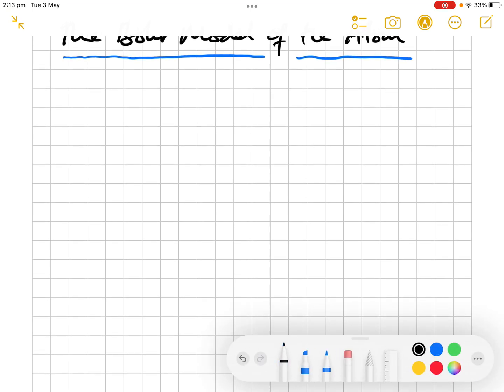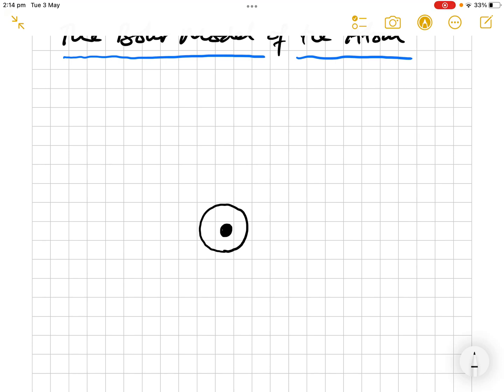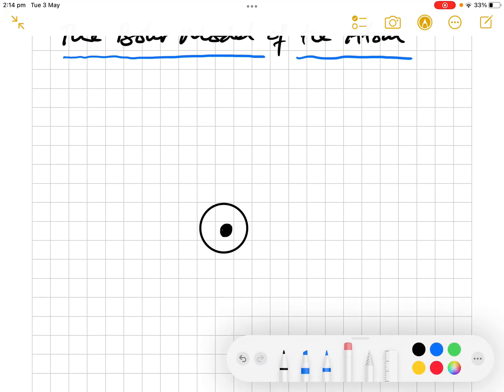Well, in Bohr's model of the atom, we begin with something you're probably familiar with, and that's the nucleus, where you have the protons and neutrons. And the electrons around the outside in the Bohr model exist in certain shells or energy levels.